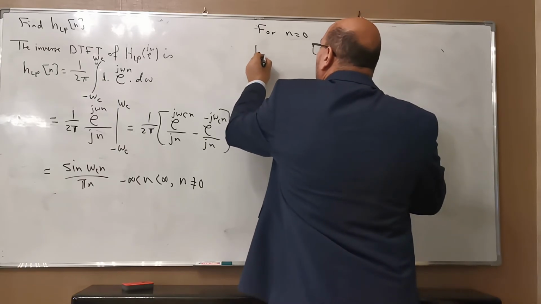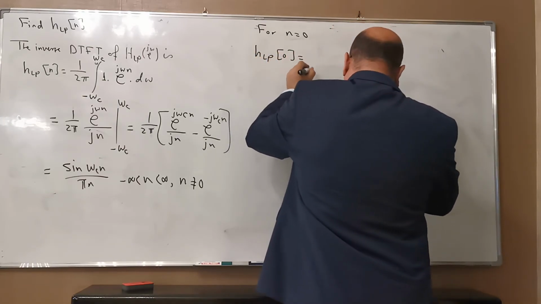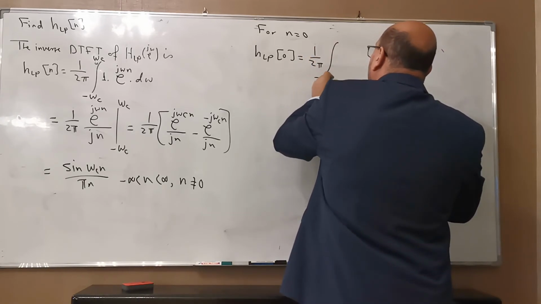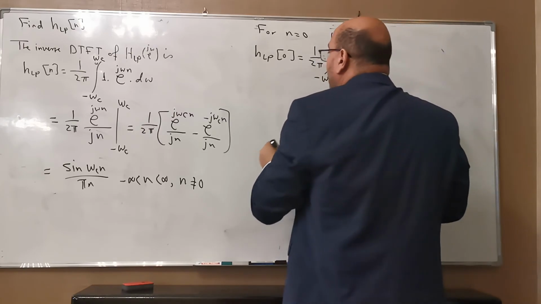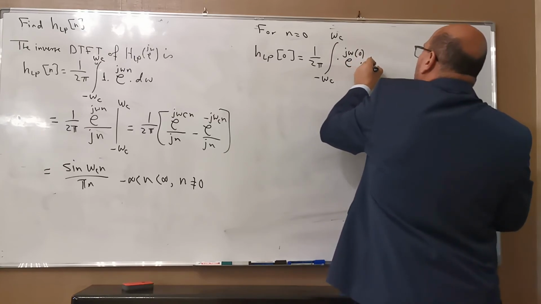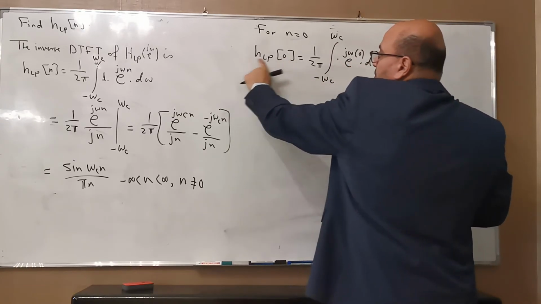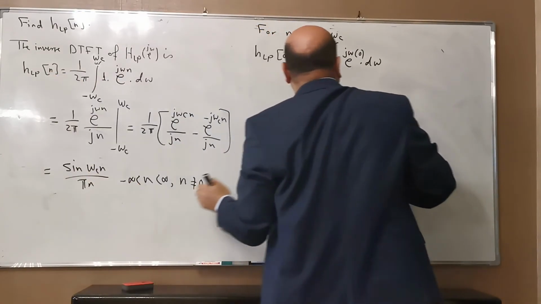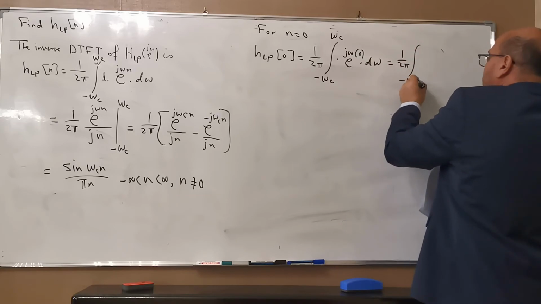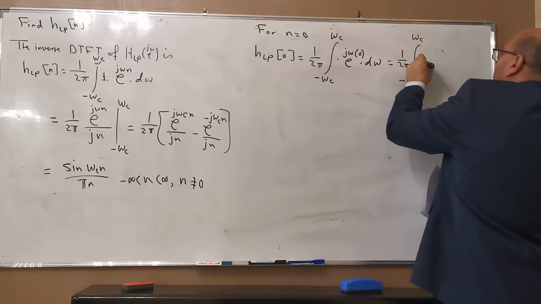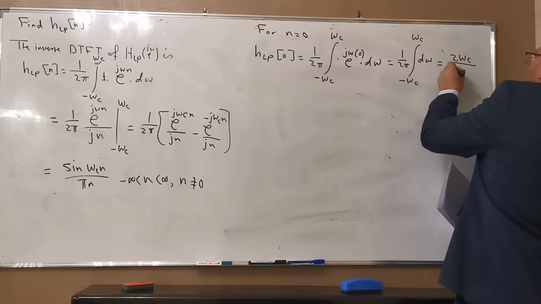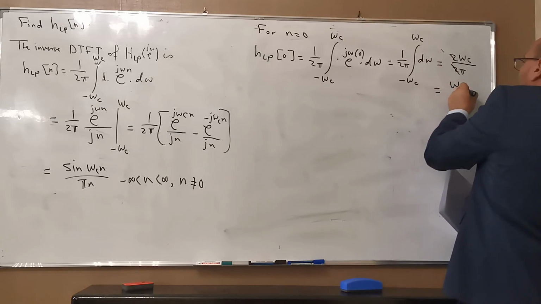So h low pass of 0 is equal to 1 over 2 pi, the integration from minus omega c to omega c, e to the j omega times 0 d omega. So you apply n equals 0, so this is equal to 1 over 2 pi integration from minus omega c to omega c of d omega, which is equal to 2 omega c over 2 pi, which is omega c over pi.